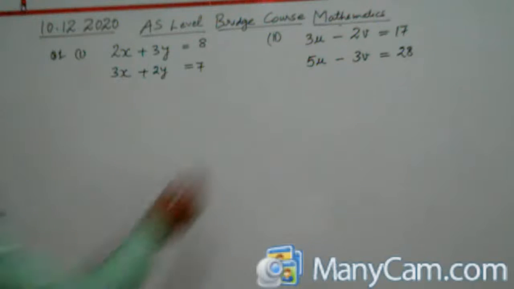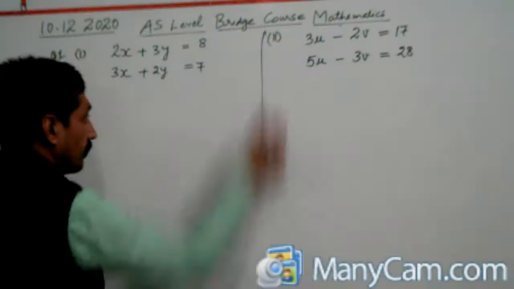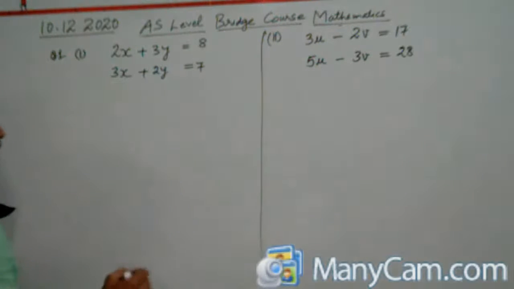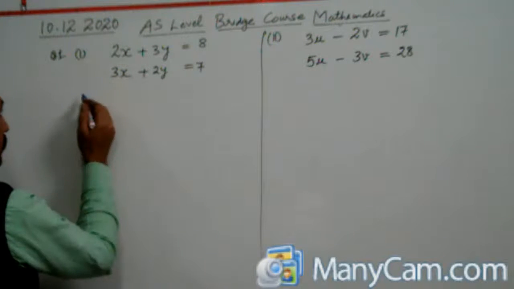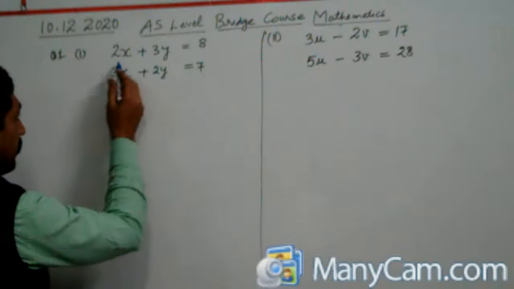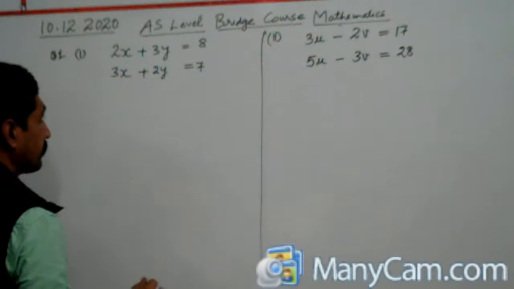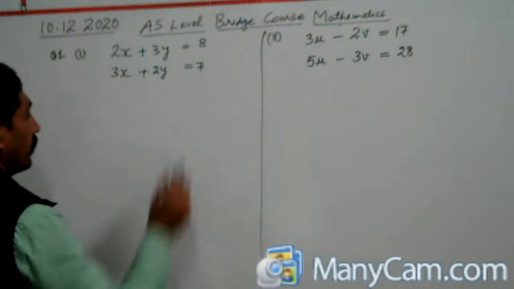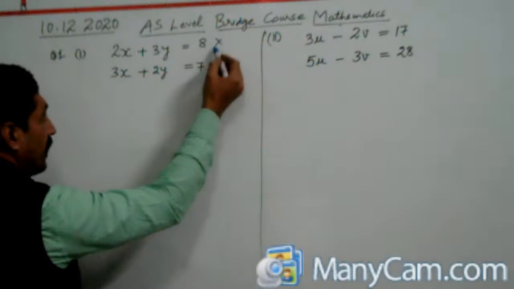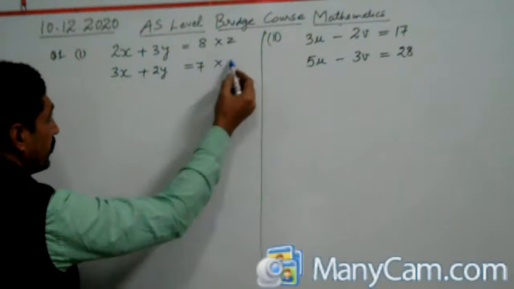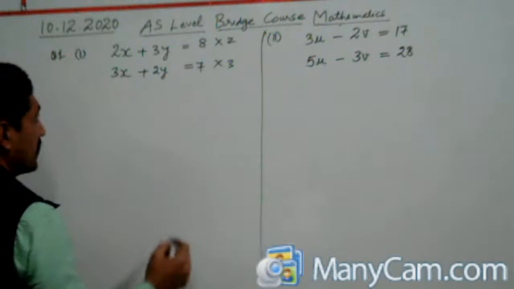So here we can go with the substitution method. Or if we are going with elimination, y has 2 and here 3, so we will get 6 and 6.